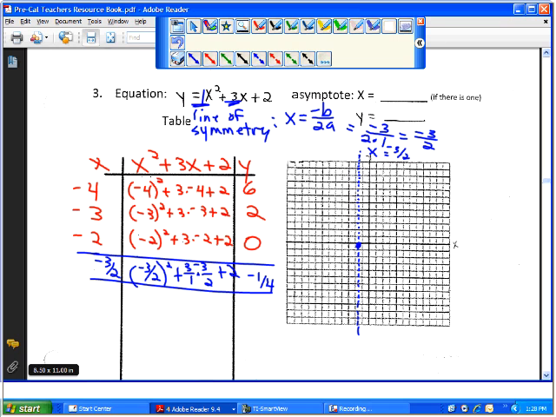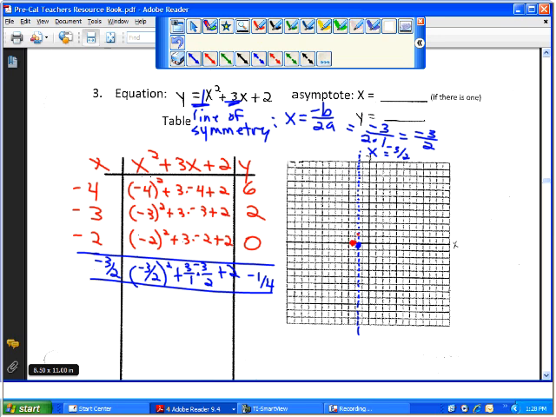Now, the red stuff is my 3 left wing points. So I'm going to have one at negative 2, 0. Let me get back on it.